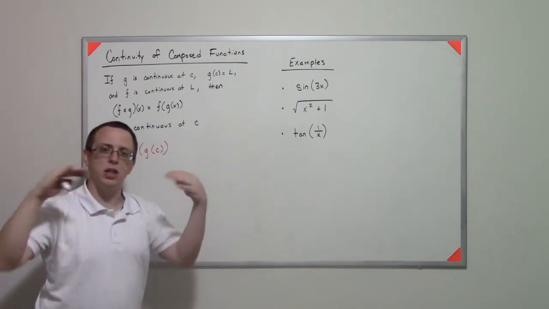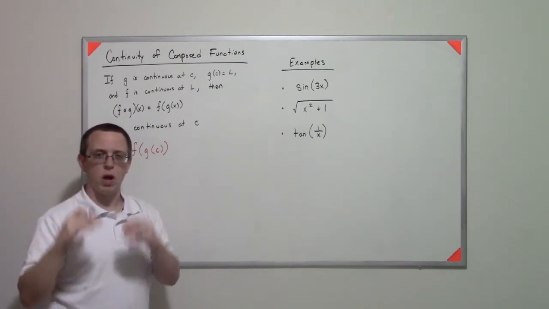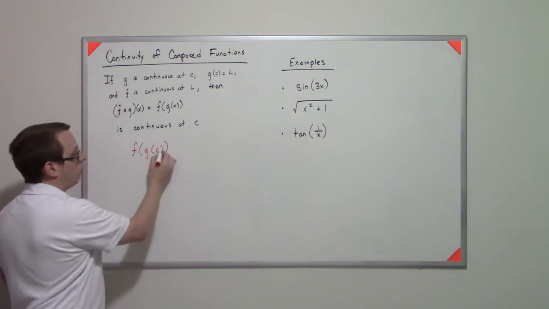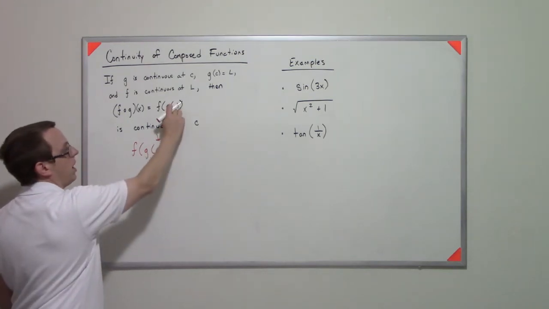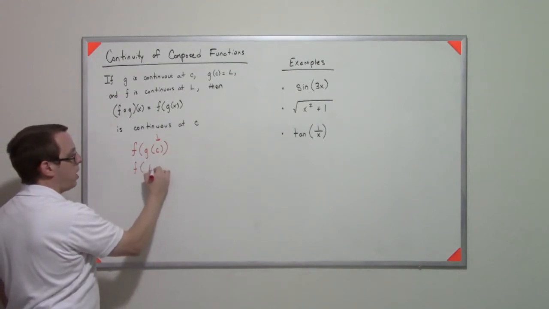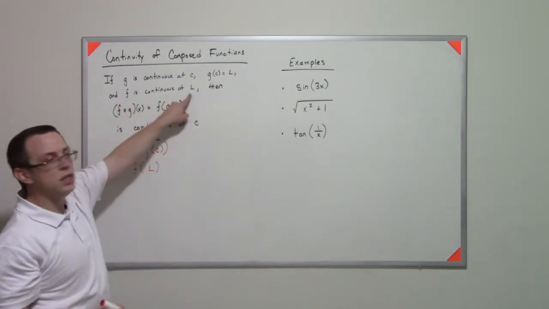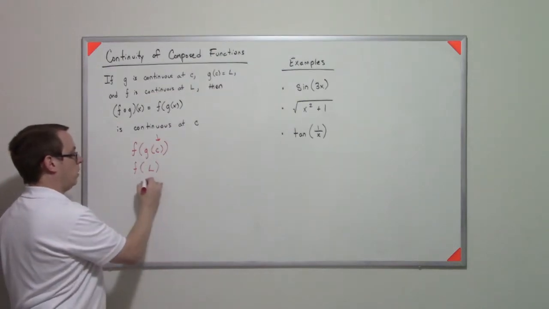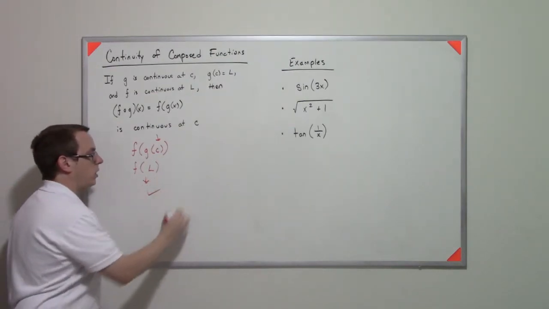And you're taking the limits, so it's a little more complicated than that. But this is what's being plugged in for x here. And since you know that g of c is L, and you know that f is continuous at L, then you're good.